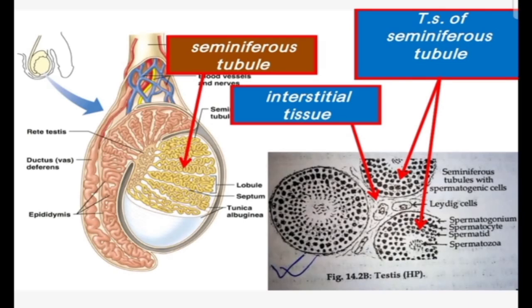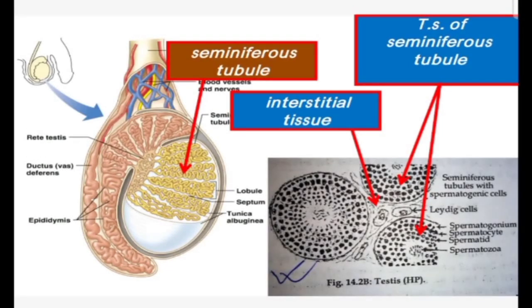Then these spermatids are transformed by a process of spermiogenesis and give rise to the spermatozoa, which lie towards the lumen of the seminiferous tubules, in special concavities over the surface of the Sertoli cell.